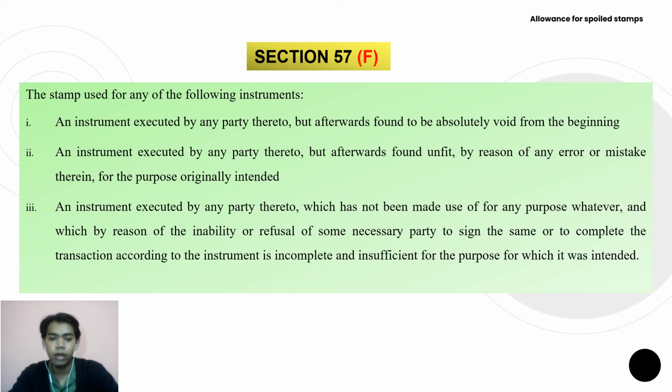Third, an instrument executed by any party thereto, which has not been made use of for any purpose whatever and which, by reason of inability or refusal of some necessary party to sign the same or to complete the transaction according to the instrument, is incomplete and insufficient for the purpose for which it was intended.